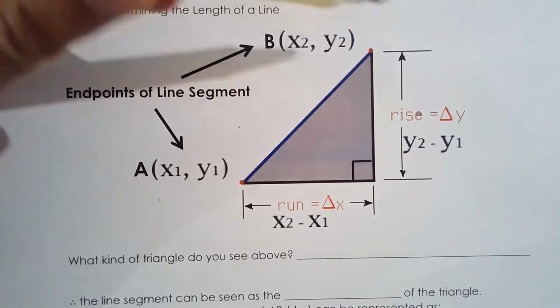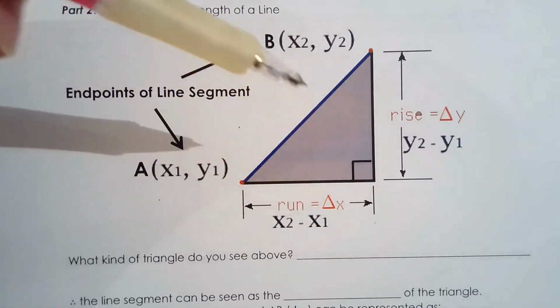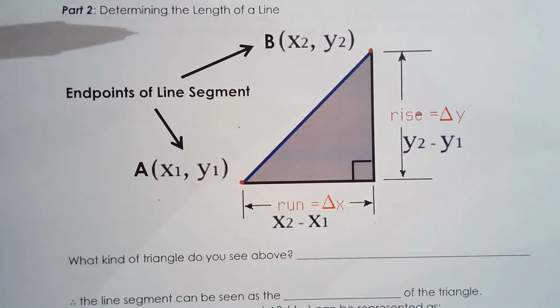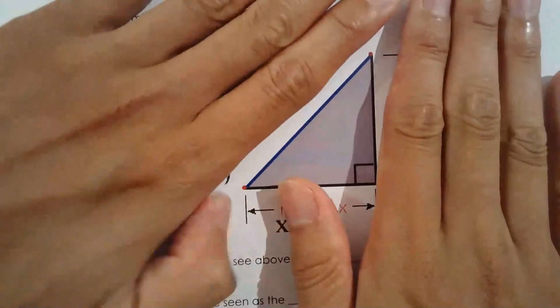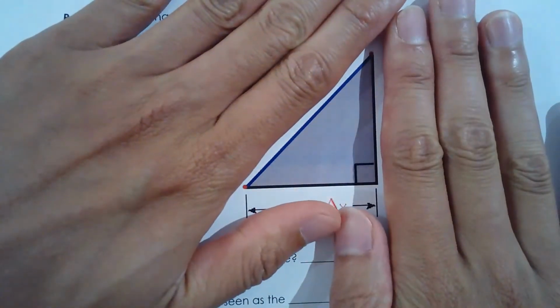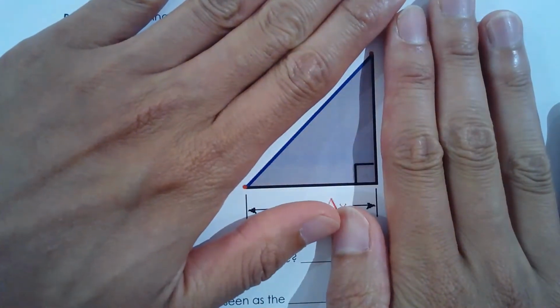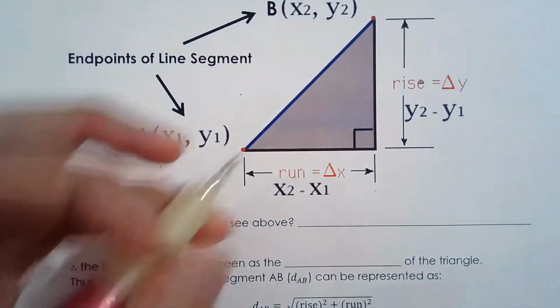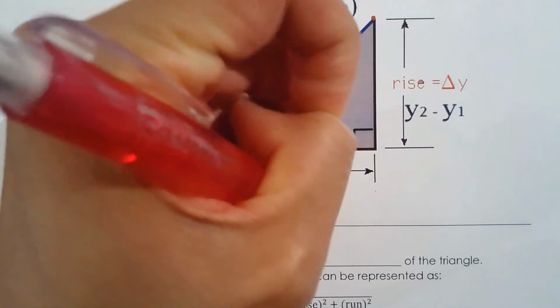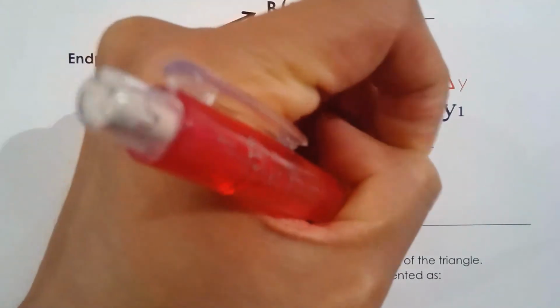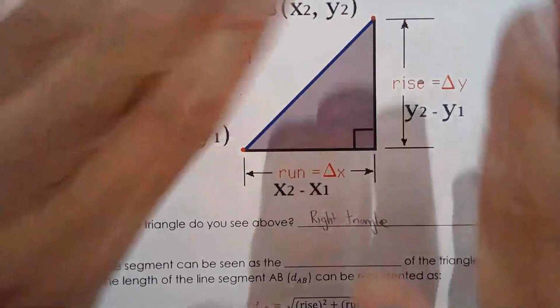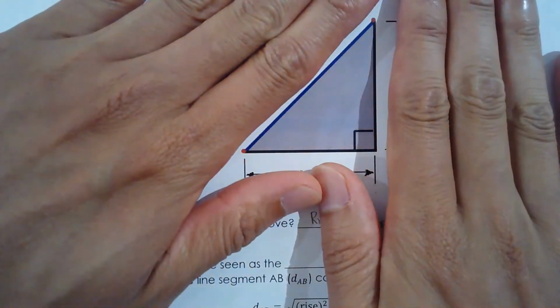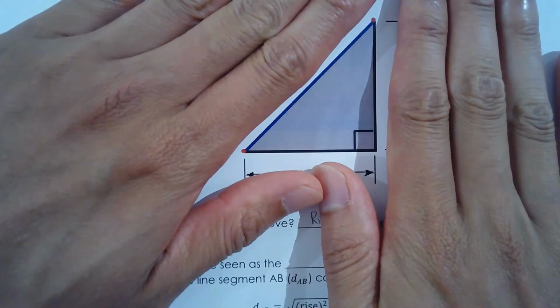Now, how does this picture help us find the length of the line segment? If you remove everything here, what do you really have? You have a right triangle. So what kind of triangle do you see above? A right triangle, and a right triangle is our good friend. I'm going to cover everything up again. Remember, the goal is to find the length of the line segment.